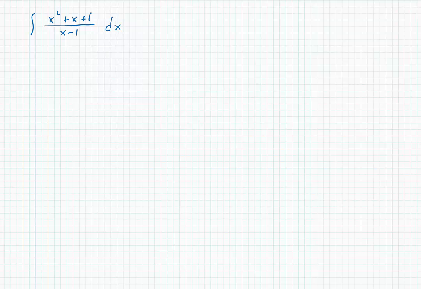So let's consider for a moment x minus 1 divided into x squared plus x minus 1. You can also use synthetic division for this, whatever you like. I think it's usually easier to see this and remember it if we do it longhand, but if you're comfortable with synthetic division, go right ahead and use that.